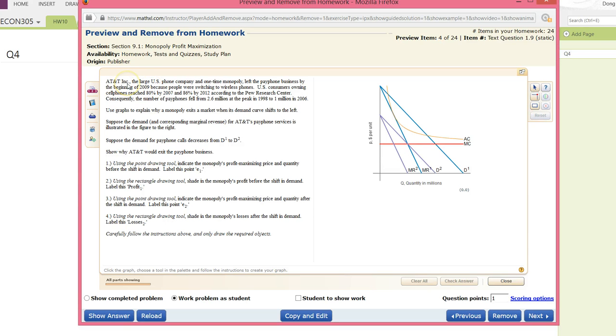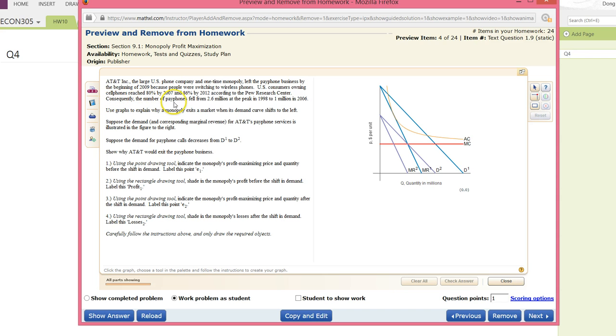AT&T Incorporation, the large U.S. phone company and one-time monopoly, left the payphone business by the beginning of 2009 because people were switching to wireless phones. U.S. consumers owning cell phones switched 80% by 2007 and 86% by 2012, according to the Pew Research Center.